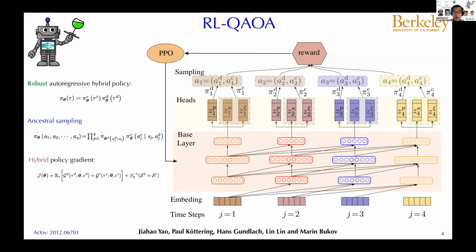And here, to optimize that, we decompose the network into two parts, which is the continuous and the discrete degrees of freedom. And here we have the policy gradient formula. And we also use the maximal entropy formula, which was also mentioned by Willem. We have the entropy regularization for the discrete and the continuous one.